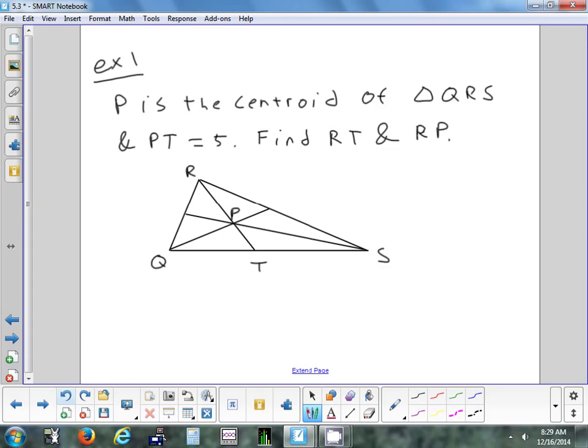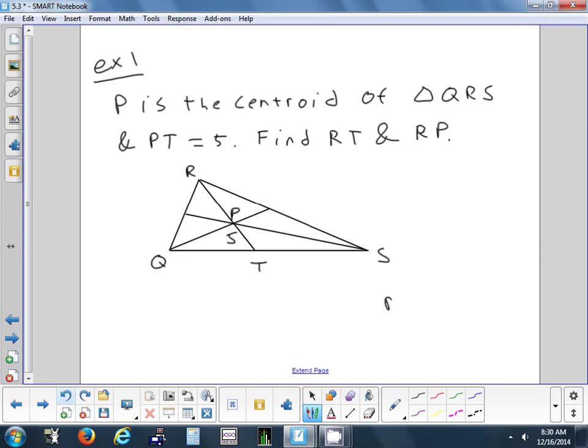So how could we start? Let's find the length of RT. We know PT is 5. Anybody give me an equation? Say, without numbers for now.